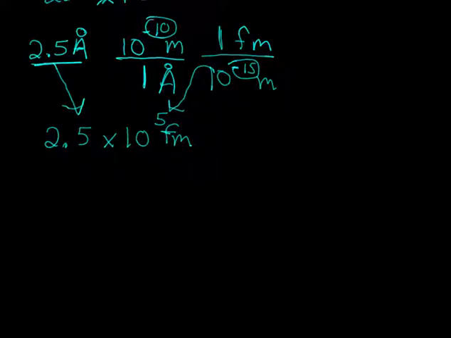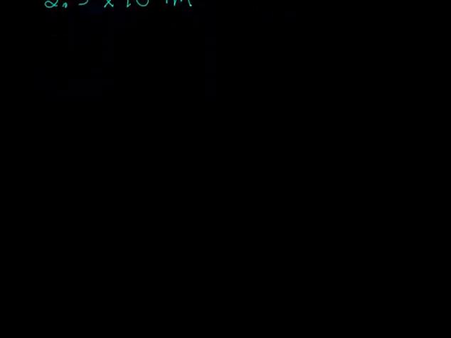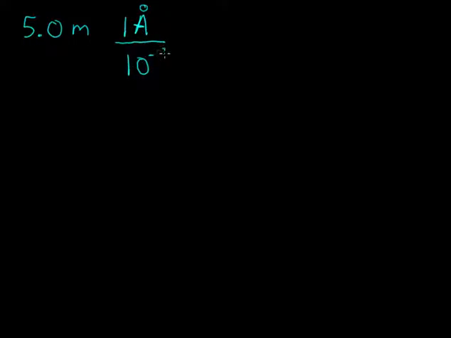Part C, we're going to go backwards now. We're going to look at how many angstroms are in 5.0 meters. So we start with 5.0 meters. We use our definition that there's 10 to the negative 10 meters in an angstrom. So 1 angstrom goes up top, 10 to the negative 10 meters goes on the bottom.